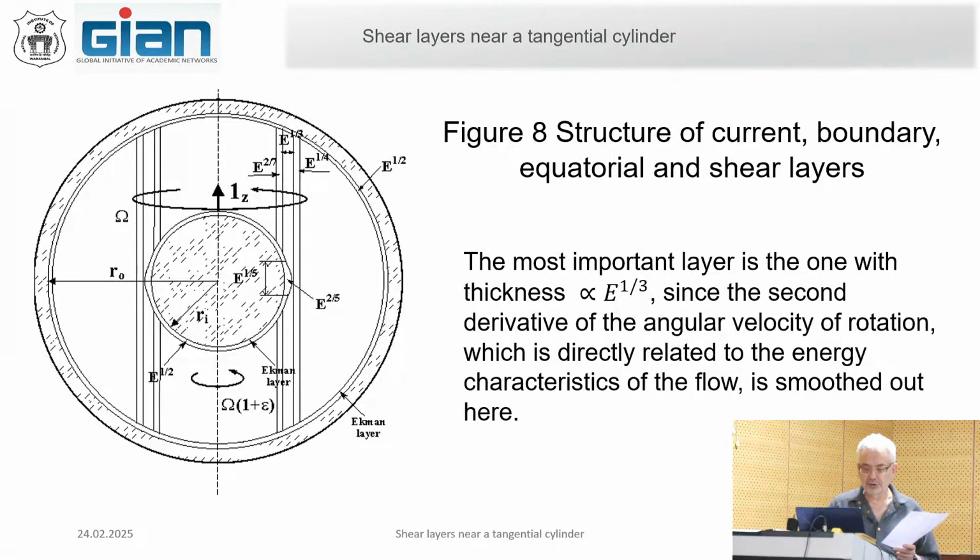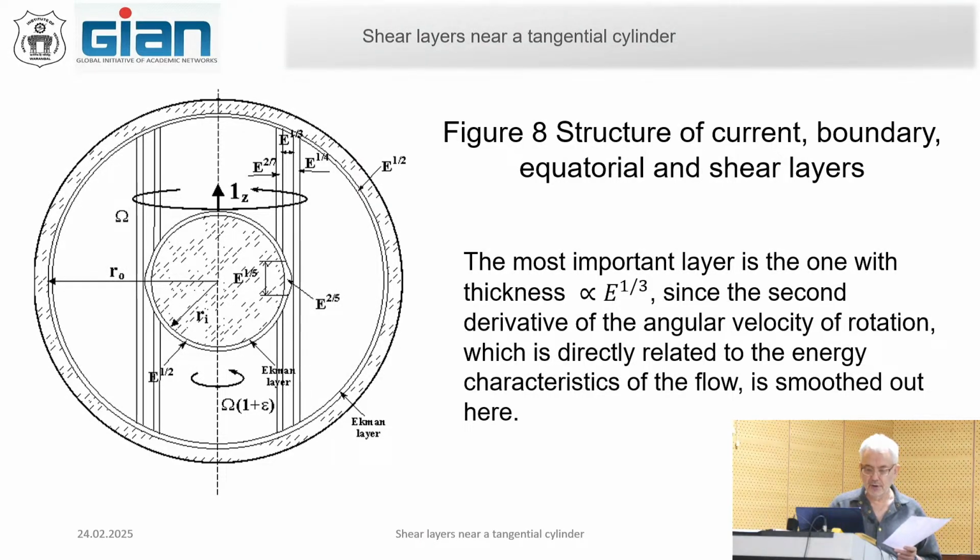So there is some general flow, and there is only a small contribution from this part where the shear layer and boundary layer intersect. And here there is also such a structure where we even have a special equatorial type of shear and boundary layer combined. The return flow of the liquid occurs in a complex shear and equatorial Stewartson layer on the tangent cylinder.